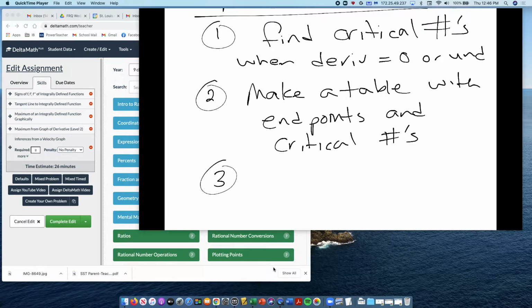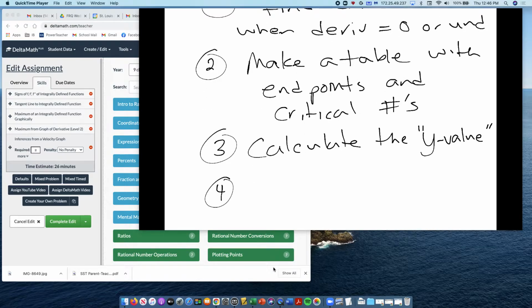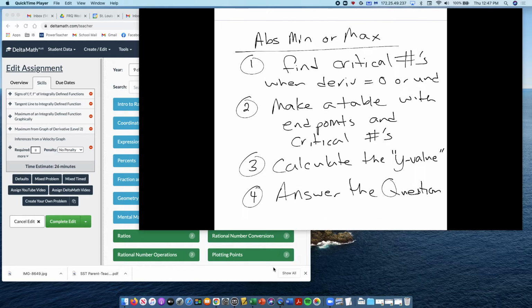The third thing is to calculate what I'm going to put down as y value. Could be another letter, but just the y value. And the fourth one is answer the question. So that's how we're going to find an absolute minimum and maximum. That's not changed. That's stuff that we had from earlier this year.